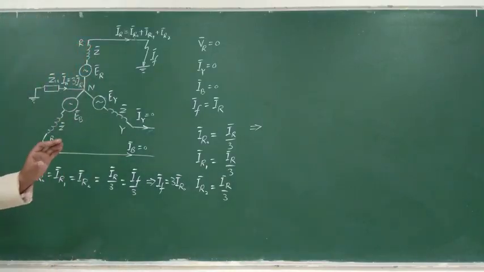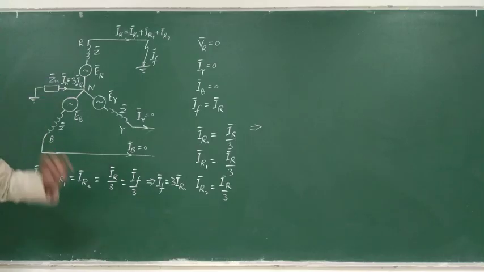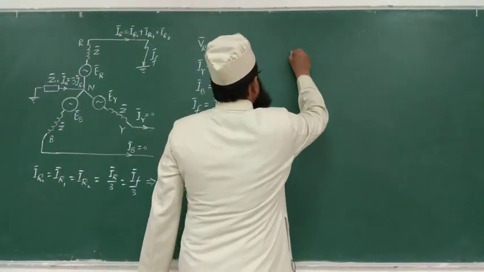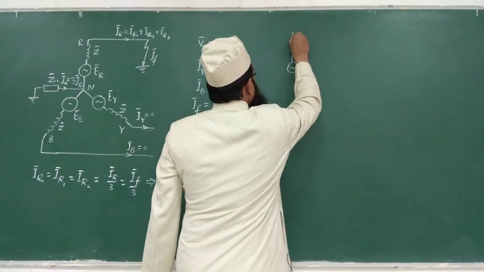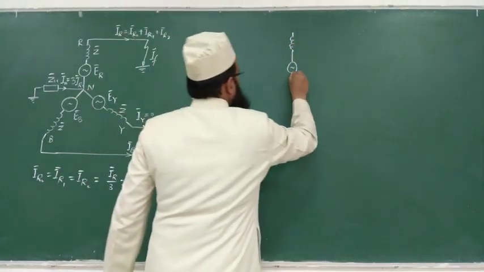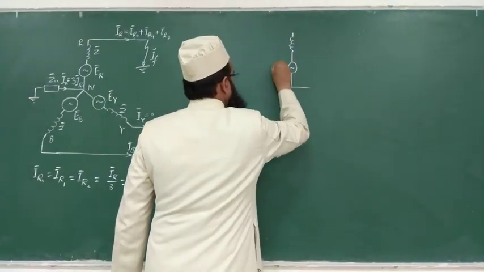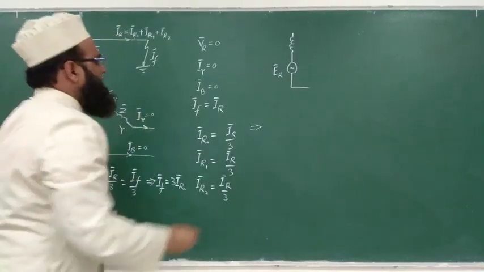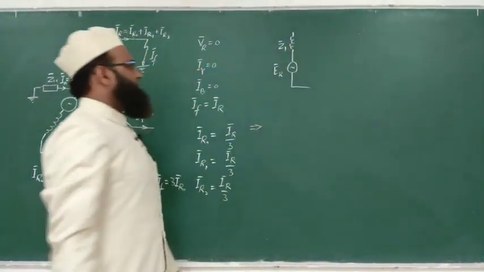So for positive sequence network, this path will not be included. Similarly, for negative sequence network, this path will not be included. For zero, we will include this, right? So first draw for positive. So this is the sequence network for positive. So this is having value of ER, and whatever the impedance will be there, positive sequence impedance, let us represent as Z1.